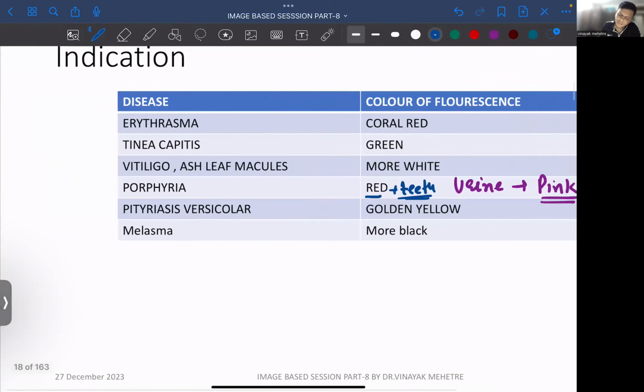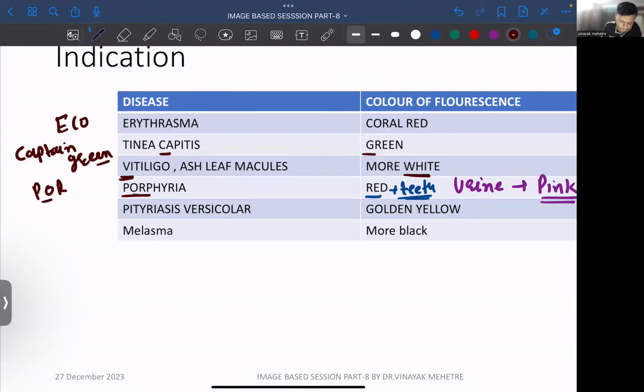If you want the mnemonic, I do have the mnemonic. Captain Green, right? Do you watch the Marvel series? Captain Green. Vitiligo is white, so it will be more white. Porphyria, its name itself contains the mnemonic: Por.